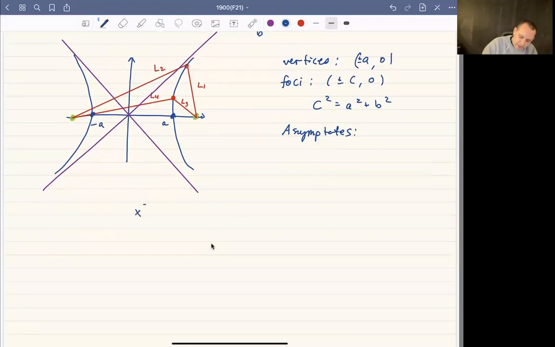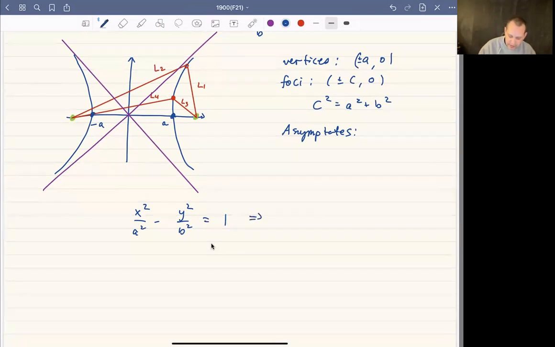We're looking at the curve x squared over a squared minus y squared over b squared. And so what I want to do is look at the quantity y over x as x goes to infinity. Let's do this. There's a few different ways that we can do it. Let's clear denominators.